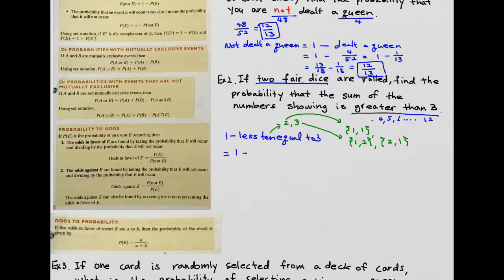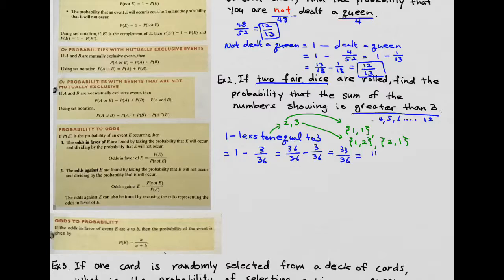The total number of outcomes when you're rolling 2 dice is 36. If you want to, you can write the cases down, but that's going to be the total. So then you can subtract 3 out of 36, which is the same as 36 over 36 minus 3 over 36, which gives you 33 over 36.